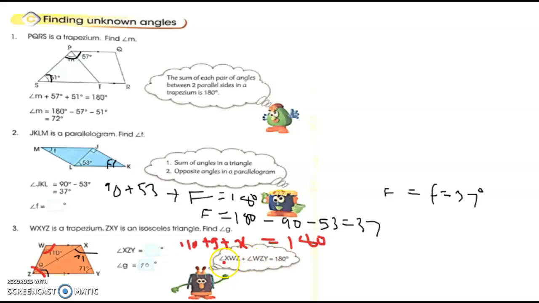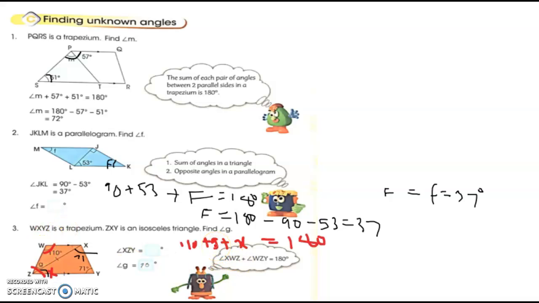It's the same thing as XWZ plus WXY, that is this angle and this angle, when you add them. I gave this part as x, right?